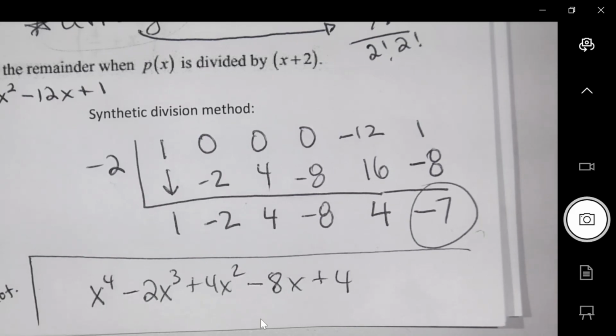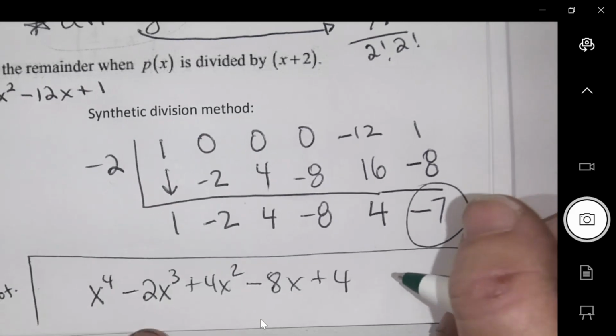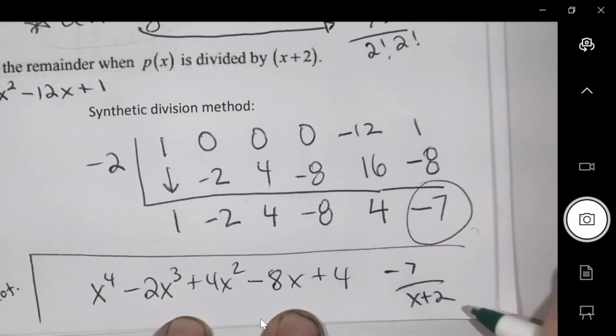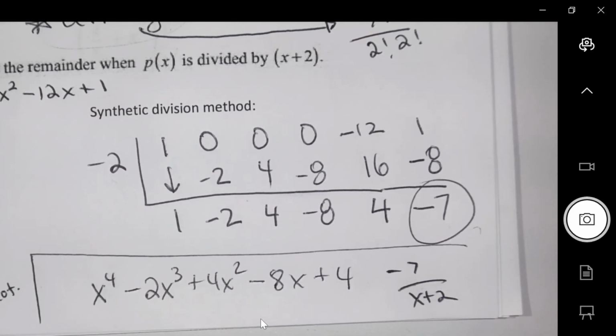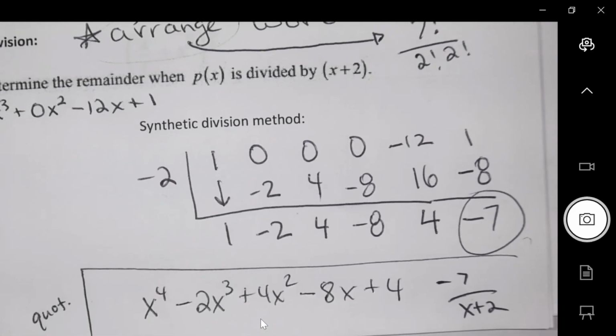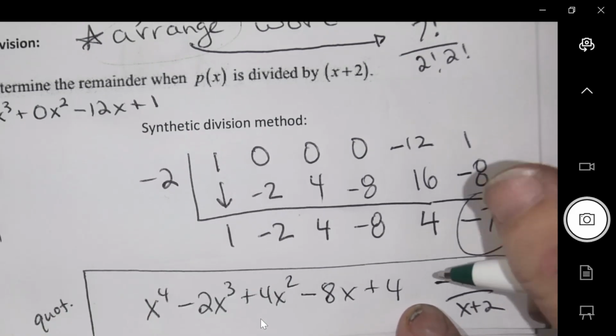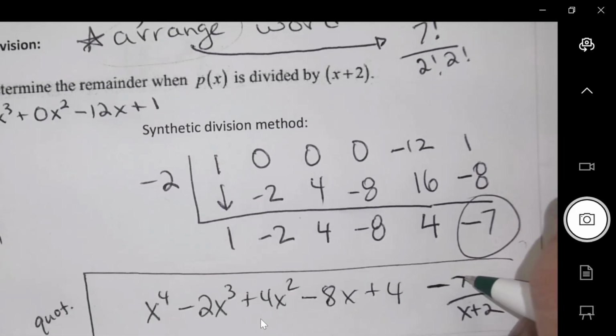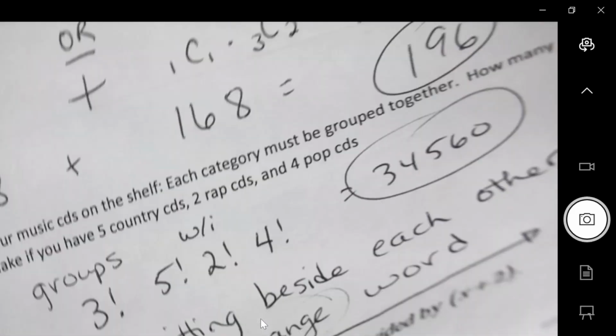And then how do you write the remainder? This is my add symbol. Subtracts out. Okay.